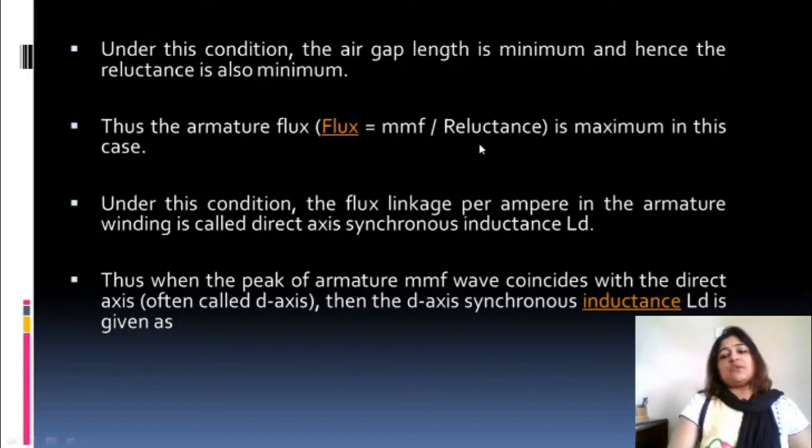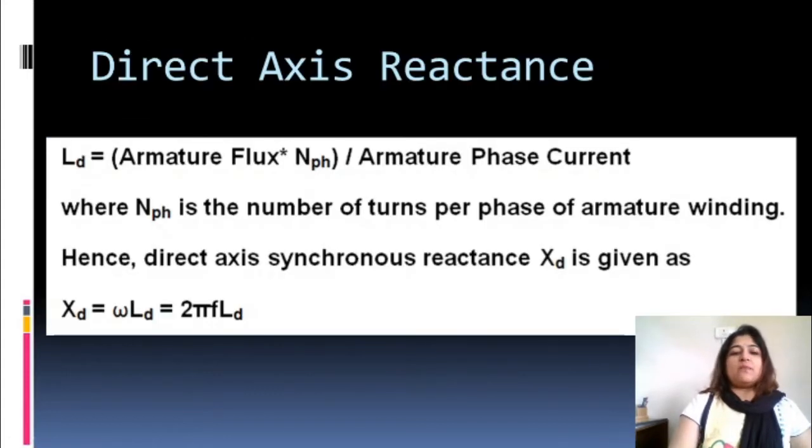Then the d-axis synchronous inductance Ld is given by armature flux into the number of turns per phase divided by armature phase current. And hence the direct axis synchronous reactance Xd will be given by 2 pi f Ld, or omega Ld.